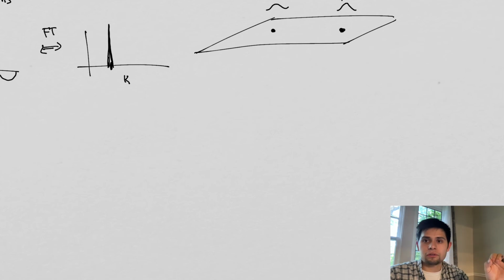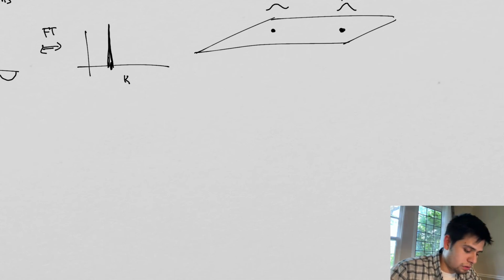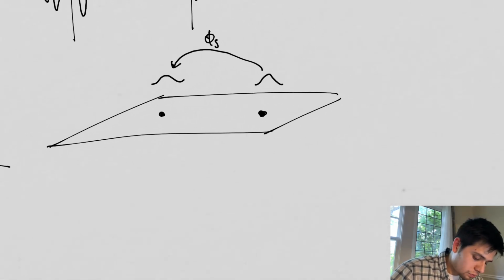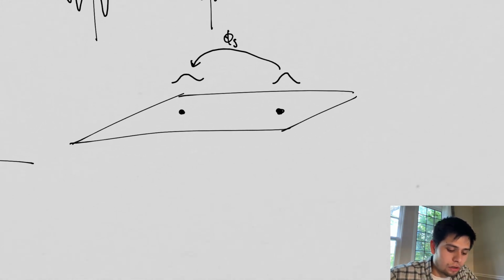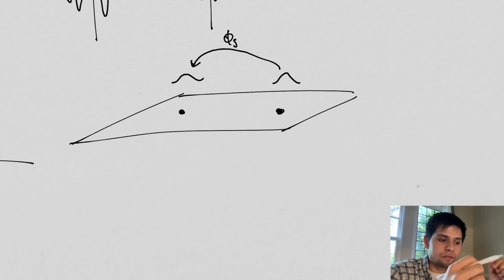We have particles that are excitations in these fields, and these particles that we're drawing right here are excitations in these fields, and these fields are constructed by these Green's functions. And these Green's functions are telling us something about the interactions between these two particles.